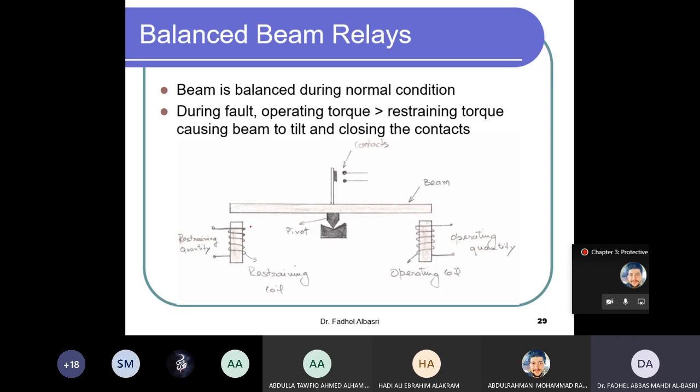So this coil has this force F1, and this coil produces a magnetic force in this direction. Now I have a beam pivoted here, like a seesaw. It's like a balance beam.